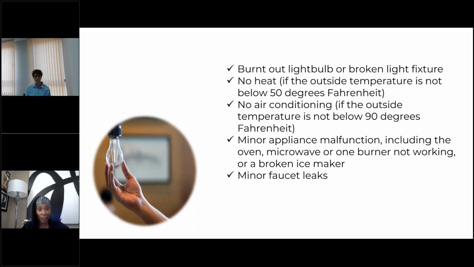Air conditioning, again, depends on your state; it would not be a non-emergency if it's past a certain temperature. Minor appliance malfunctions, including an oven, unless there's no other source to cook food, a microwave, a single burner not working, or a broken ice maker. These are not emergencies; you can put in a work order. Also minor faucet leaks.